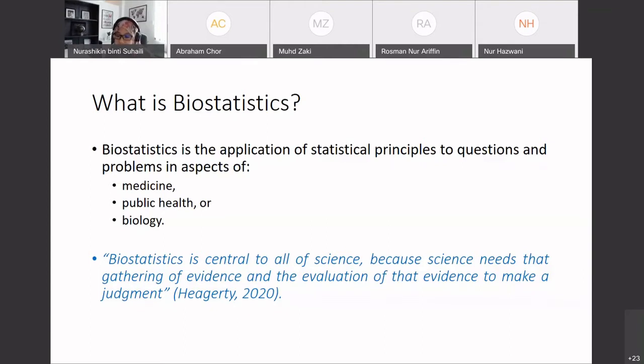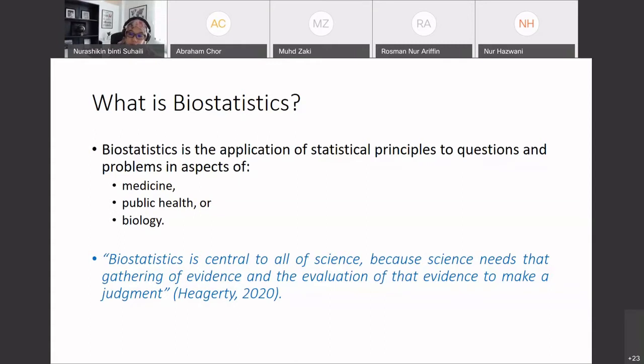In science, it's not just about doing the science, whatever the field we are in, like we are now in biotech. It's not just about doing the biotech research, but at the end, we need to report and present the results, and that needs statistical analysis, because apart from qualitative data, we are dealing with quantitative data, which means something related to figures.